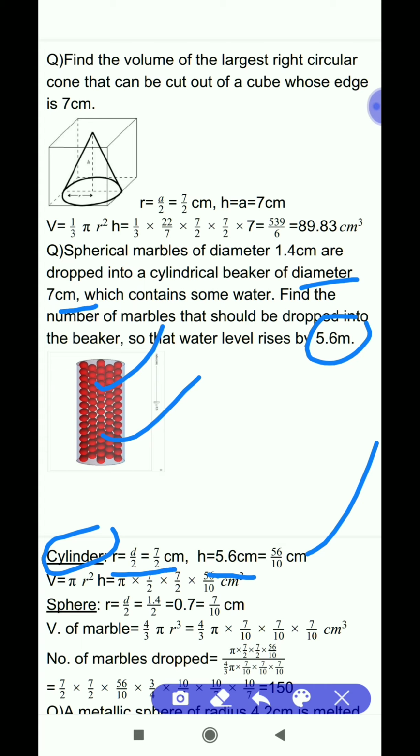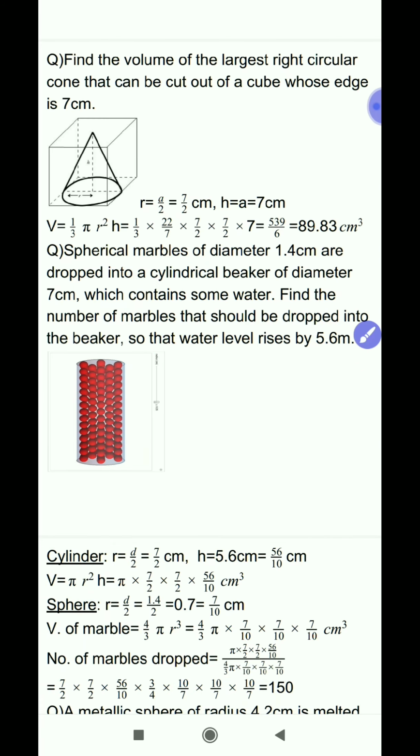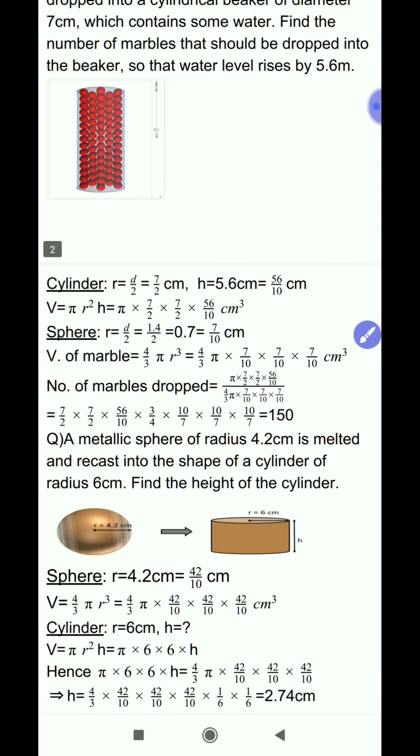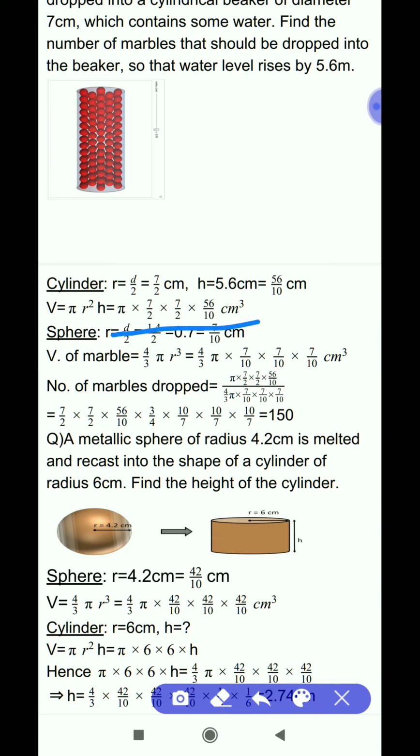So the volume of the cylinder is pi r square h, that is pi into 7 by 2 into 7 by 2 into 56 by 10 centimeter cube. Don't simplify it, keep it aside.